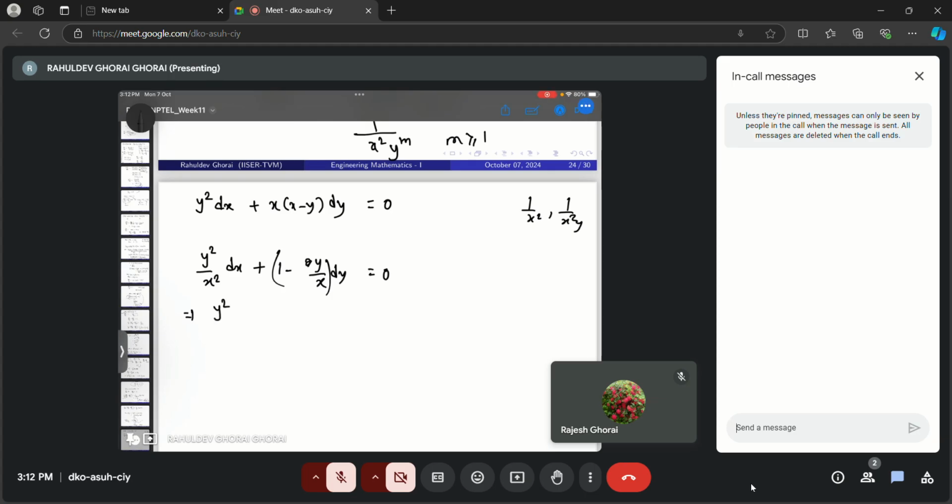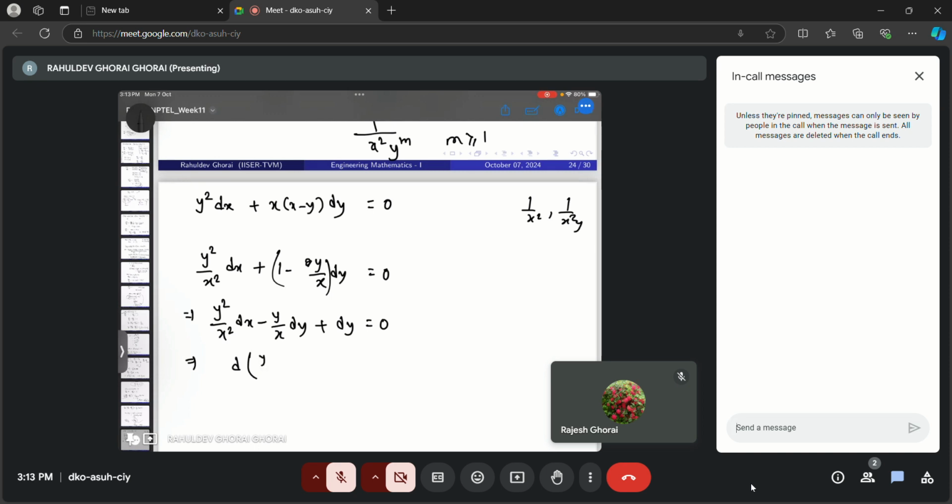That implies y squared by x squared dx minus y by x dy plus dy is equal to 0. First of all, let me check whether d of this one will work.